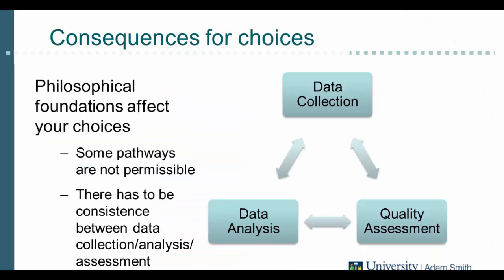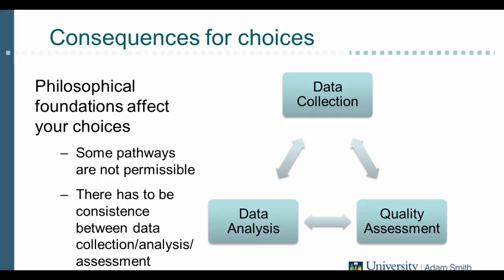The knowledge tree also has consequences for your methodological choices, and some combinations of methods of data collection, analysis and quality assessment are simply not permissible. That is, the knowledge tree suggests that we are approaching the choices of methods not from a mix and match scenario, but there has to be consistency between philosophical assumptions, the type of data you collect, their analysis and assessment.